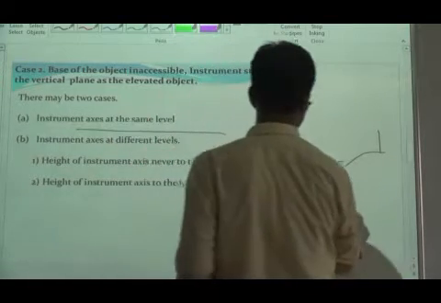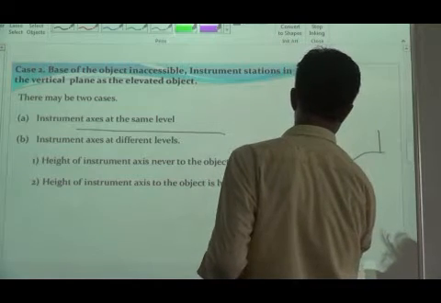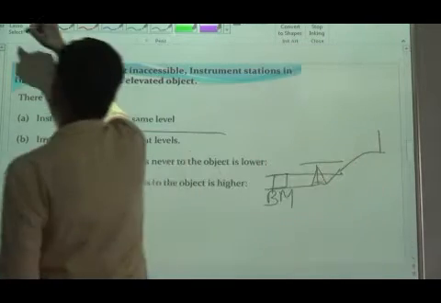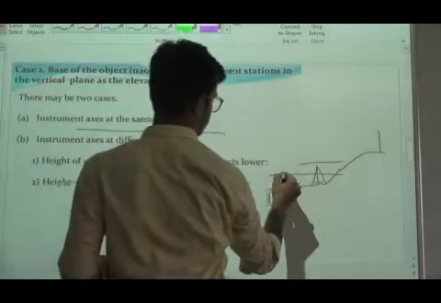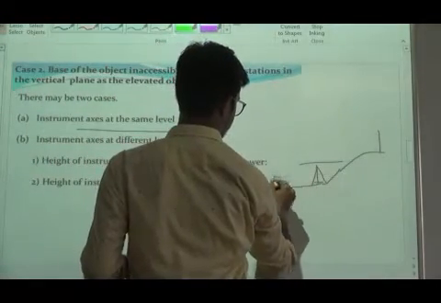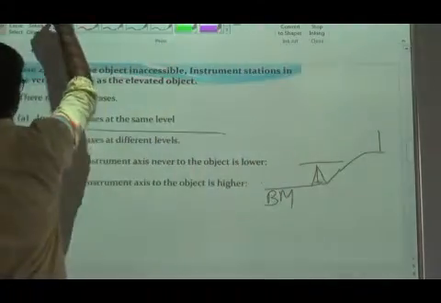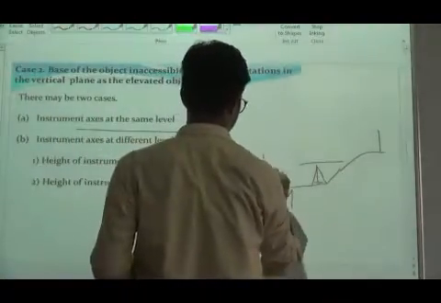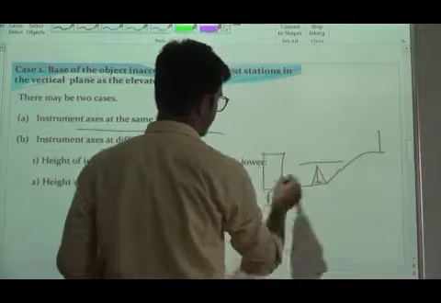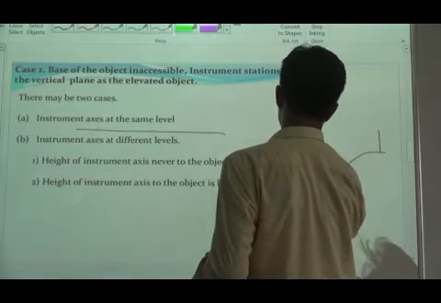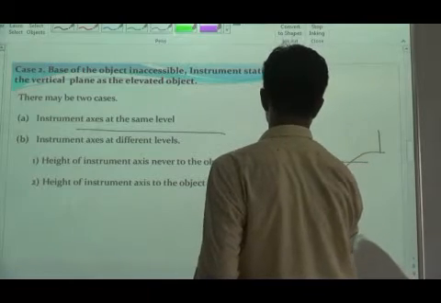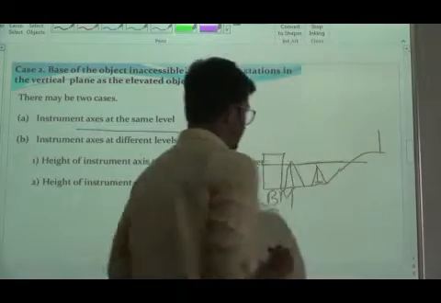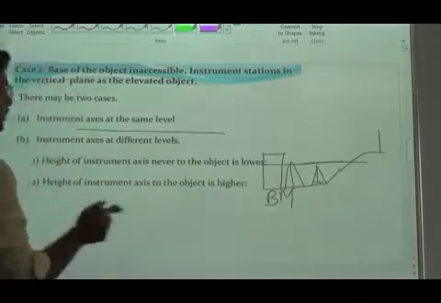In this first case, we have to set both instruments at the same level, and doing the temporary adjustment like that will be very difficult for us.